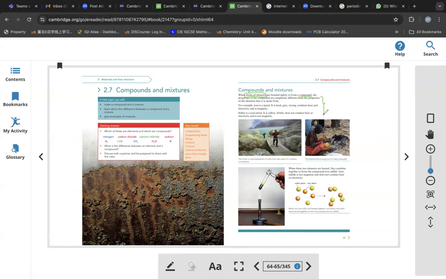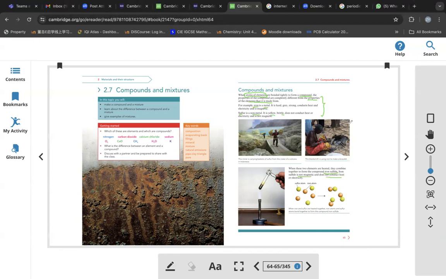A very typical characteristic you need to know: when you form a compound, its characteristics are different from the elements it was made from. For example, iron is metal, hard, strong, conducts heat, and sulfur is non-metal, yellow, brittle, etc. When they combine they form iron sulfide, which is non-magnetic and cannot conduct heat.